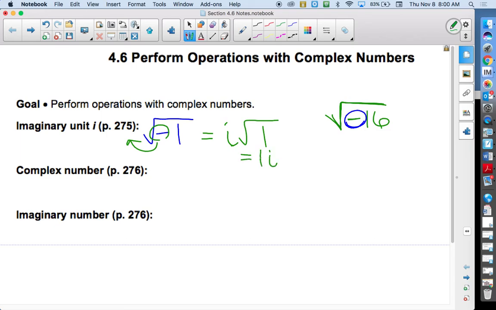So the negative part comes out and makes this imaginary value, and then you still have the square root number left. What is the square root of 1? Just 1, yeah. So this would just be equal to 1i, or we would just say that it's equal to I.